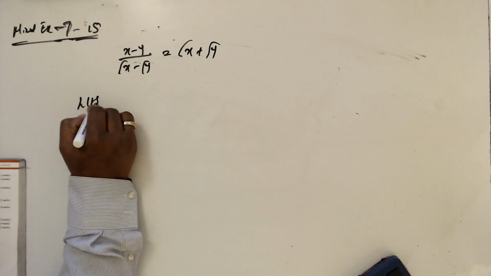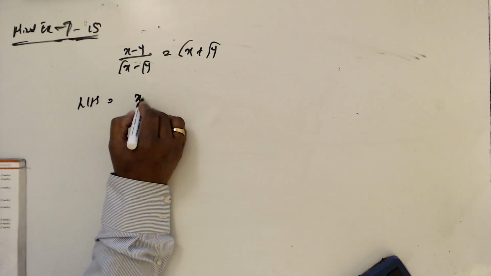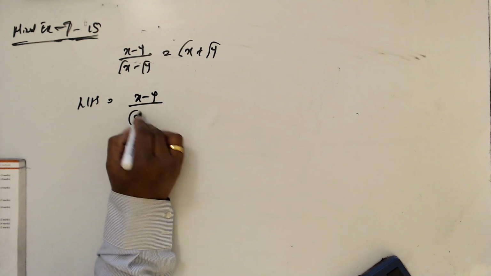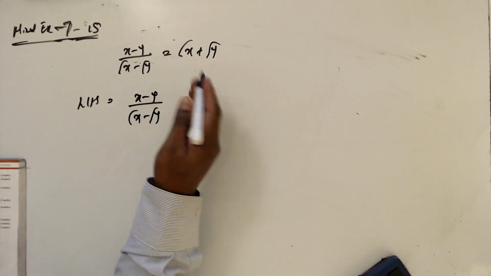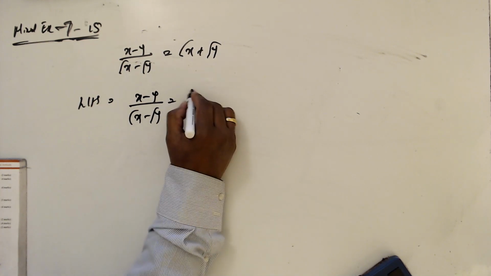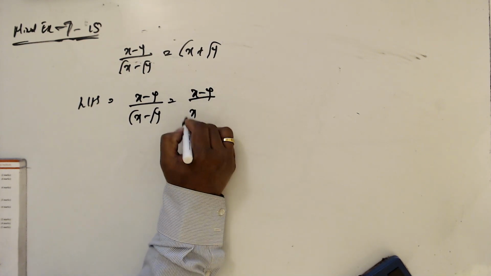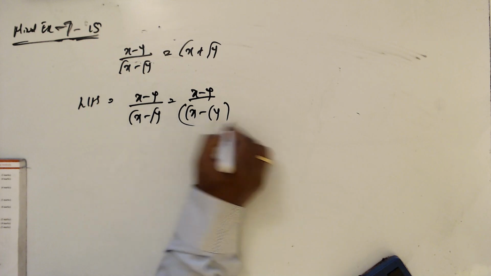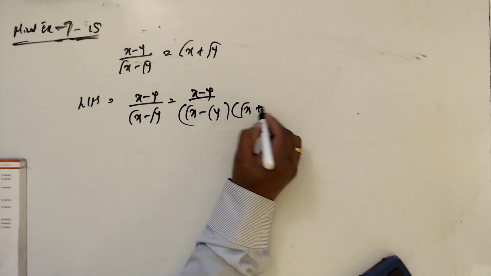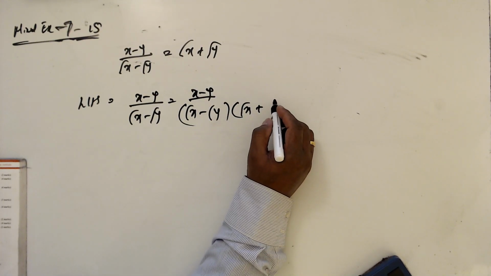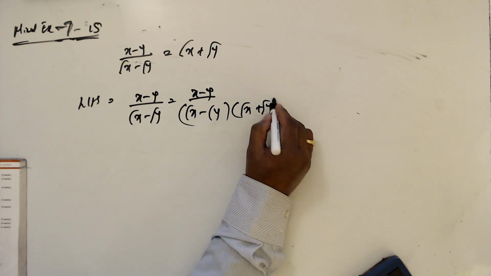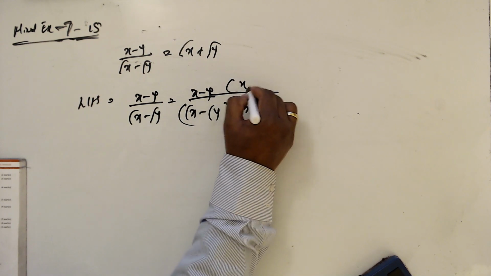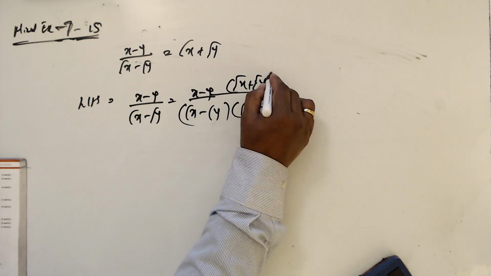So the left hand side equals x minus y over square root x minus square root y. We want to show the right hand side. We rationalize by multiplying by square root x plus square root y over square root x plus square root y.